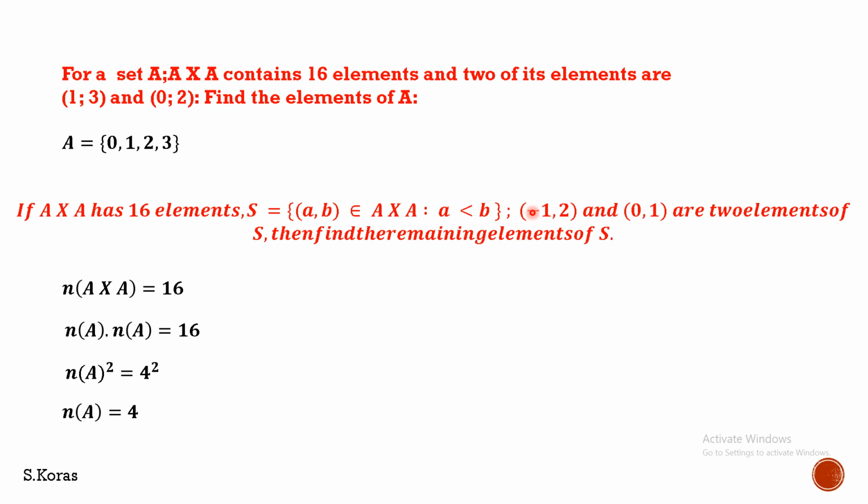So if we collect all these 4 elements, we'll get the value of set A. So our set A will be minus 1, 0, 1 and 2. We have arranged like this.